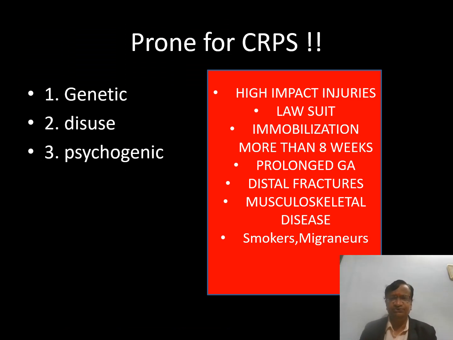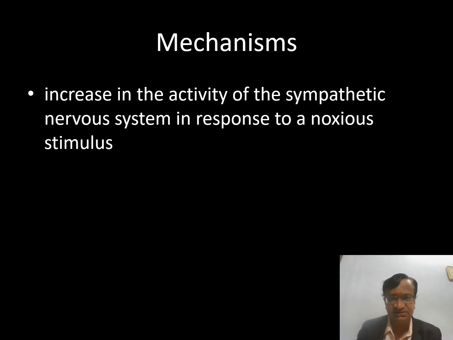I've already told you, high impact injuries, immobilization of more than 8 weeks, prolonged cast, distal fractures, smokers, migraineurs. So they are prone, a patient where there is a genetic, there is a psychogenic, there is a disease component. That is why 7 to 15% develop CRPS. Not all patients who develop injuries, who have operations, develop CRPS.